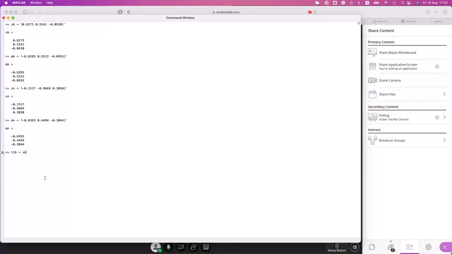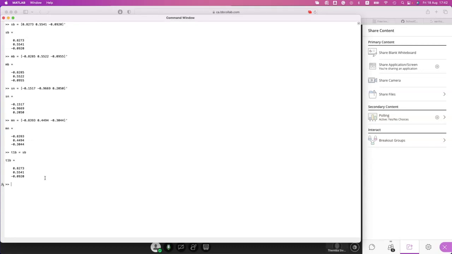Is it correct to say that? The assumption, yes, I think so. Do we all agree with this? Based on the assumption that T1B is equal to SB. Okay, so that is my assumption, and I've obtained my T1B to be that.